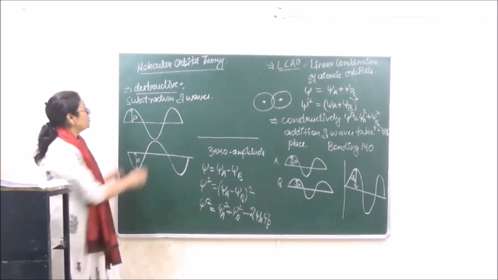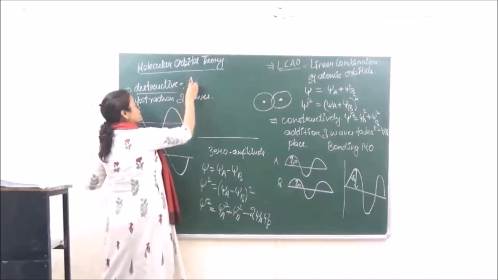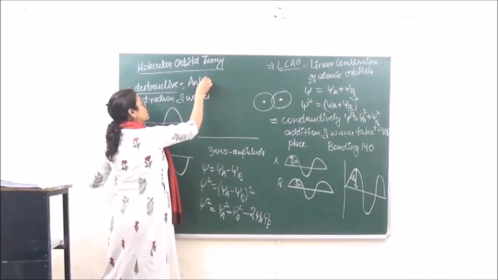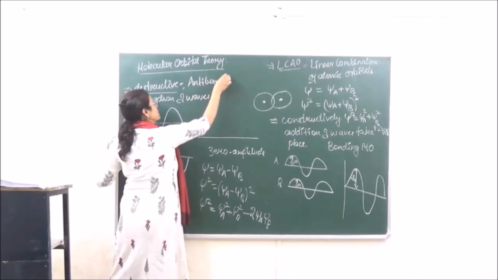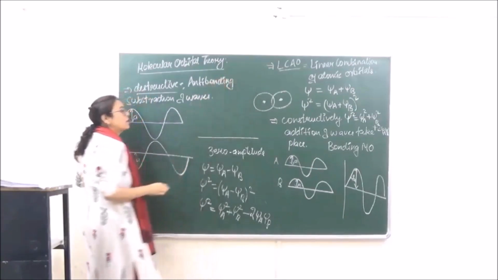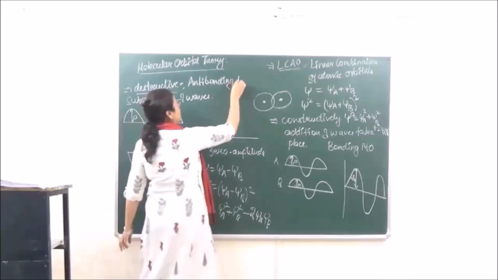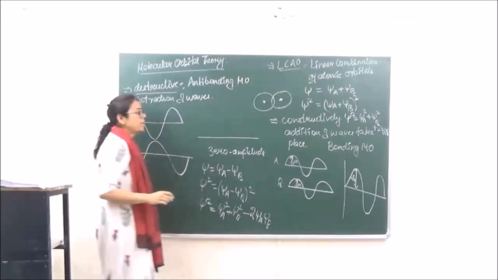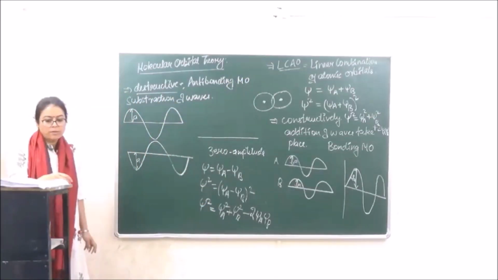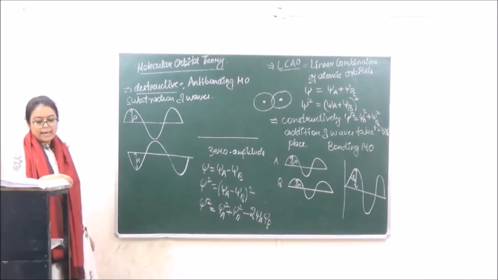And such molecular orbitals are known as anti-bonding molecular orbitals. Okay, so these are the two types of orbitals which we are going to study. One which is bonding molecular orbitals and the other one that is anti-bonding molecular orbitals.